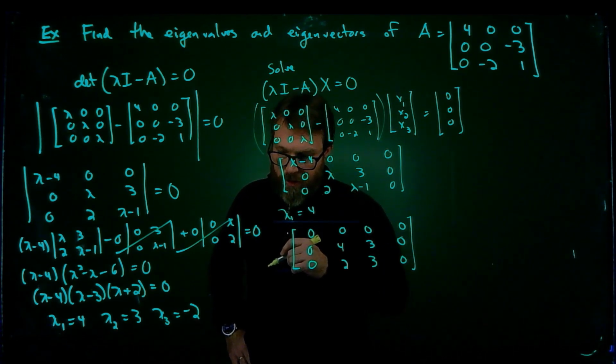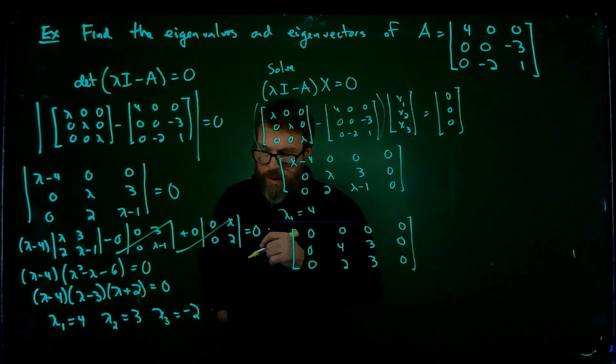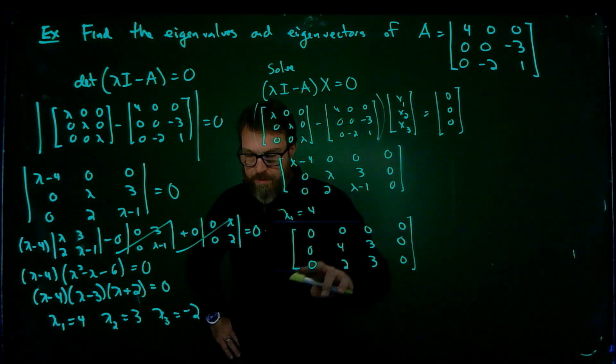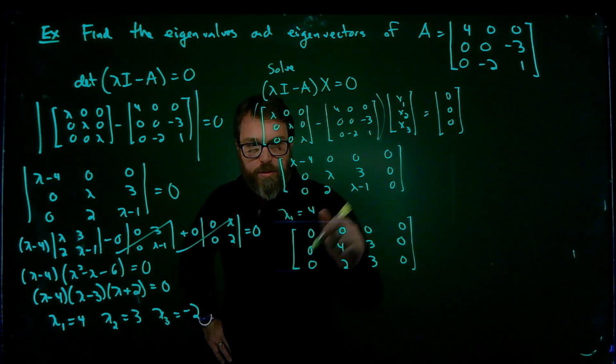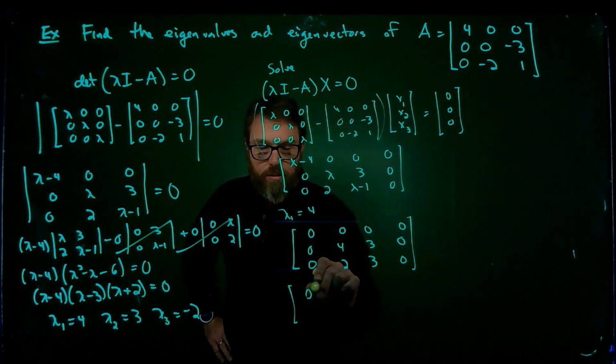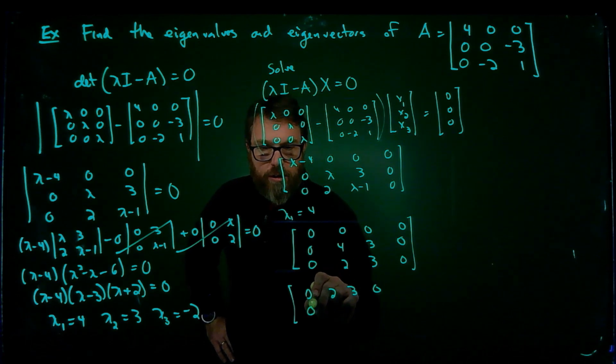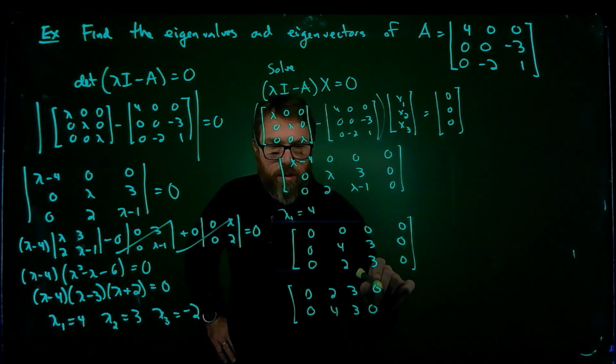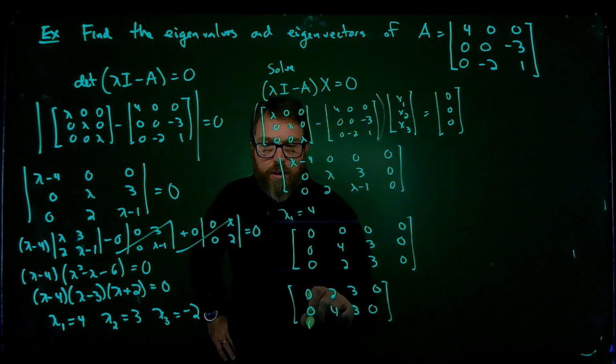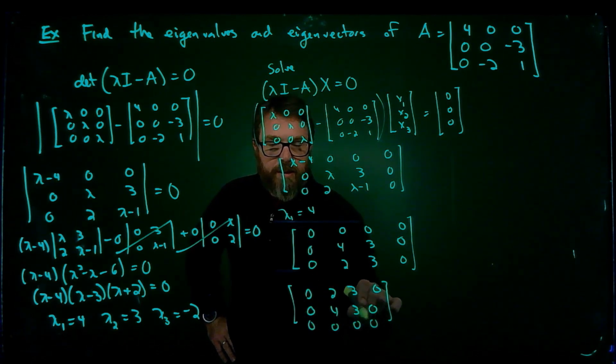Make sure we have all the things. Okay, so I'm just going to make this the top row. I'm just going to interchange these rows. So I have 0, 2, 3, 0. And then 0, 4, 3, 0. And these are all going to be zeros at the bottom.